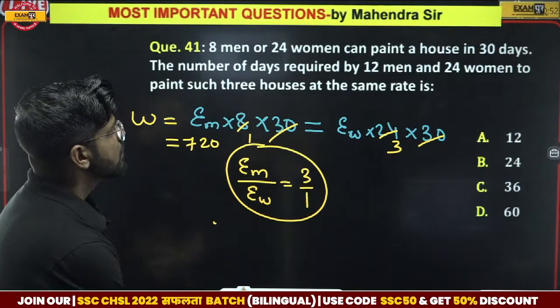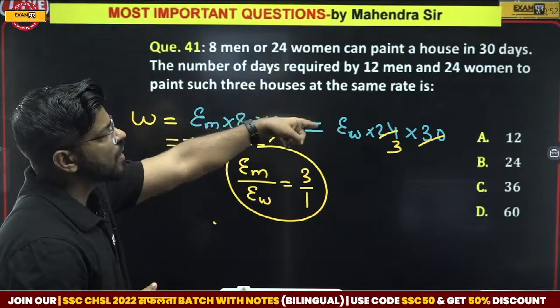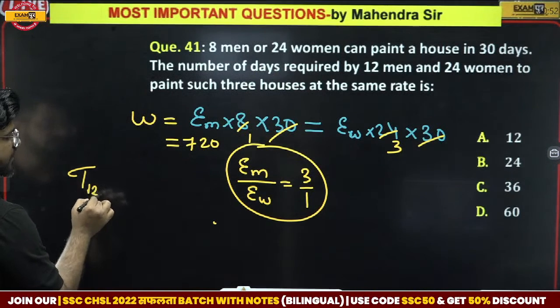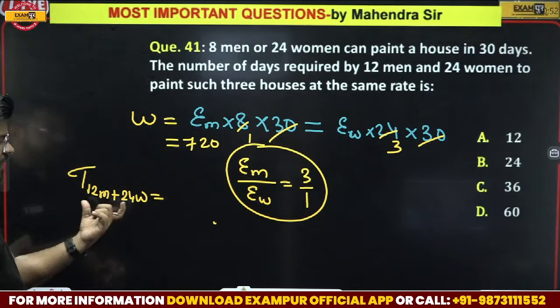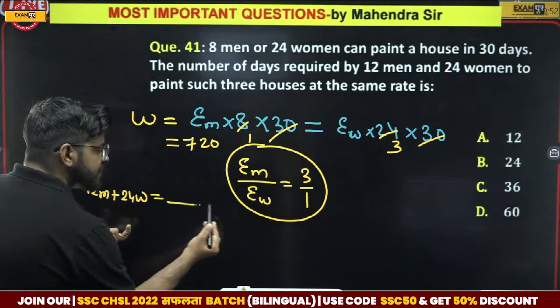Okay. Now what is asked in the question? The number of days required by 12 men and 24 women. So 12 men plus 24 women. Whatever the time period you are calculating, divide the work by the efficiency.